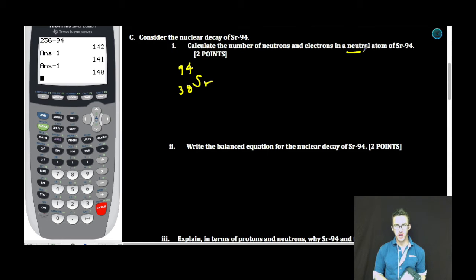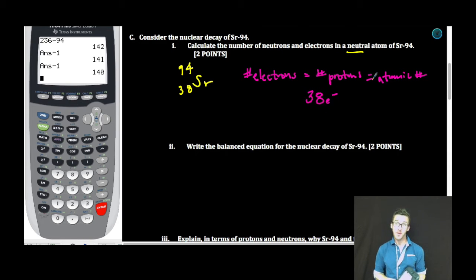Now we're talking about a neutral atom here, so number of electrons equals number of protons. Number of protons is equal to the atomic number. So we've got 38 electrons because my atomic number is 38, which tells me the number of protons, and in a neutral atom will also tell me my number of electrons.